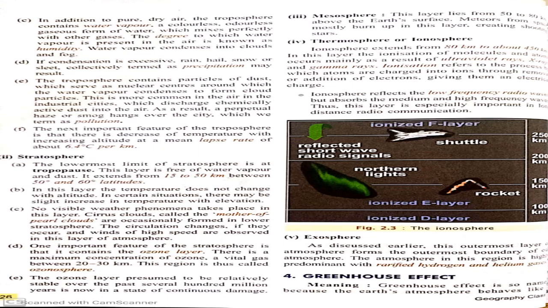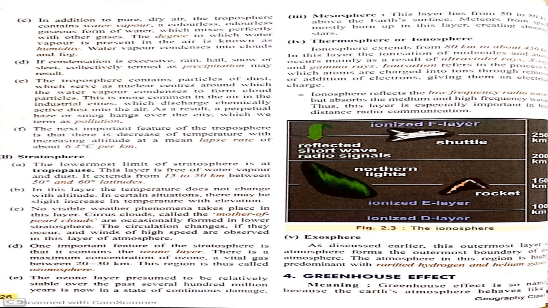We saw that the average height of troposphere is about 14 kilometer. Now this stratosphere extends from 15 to 50 kilometer, between 50 degree and 60 degree latitudes, and its lowermost limit is at tropopause.